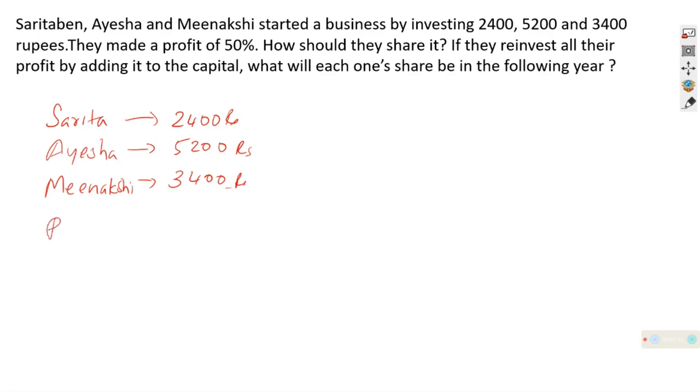They made a profit of 50% of the total investment. Because how should they share it? For that we should know what profit they got, so we should calculate the total investment.